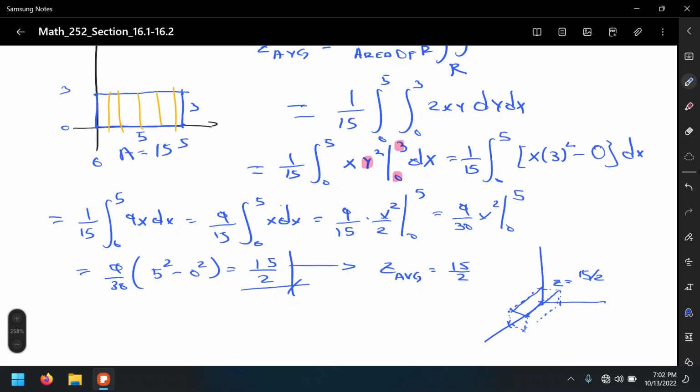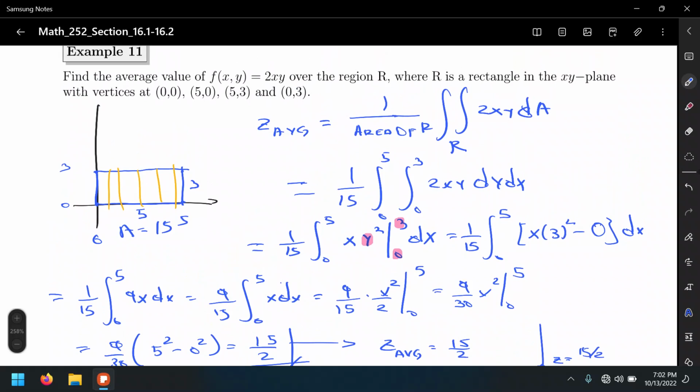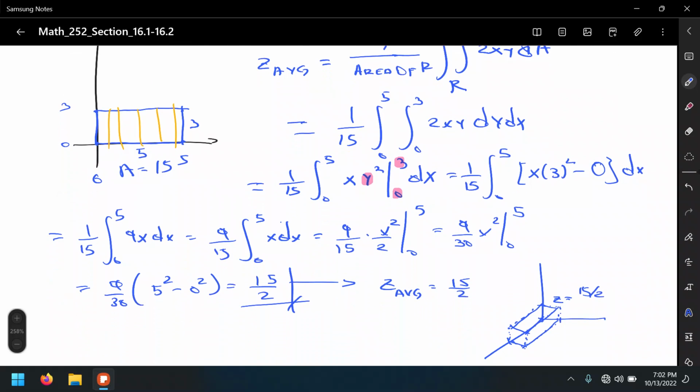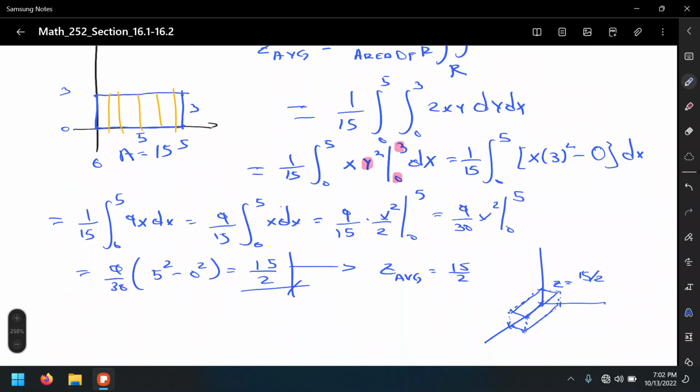All right, this will form a box in 3 dimensions, and that box will have exactly the same volume as the one that we calculated over here with the integral. So that is the volume of this hill-looking solid.